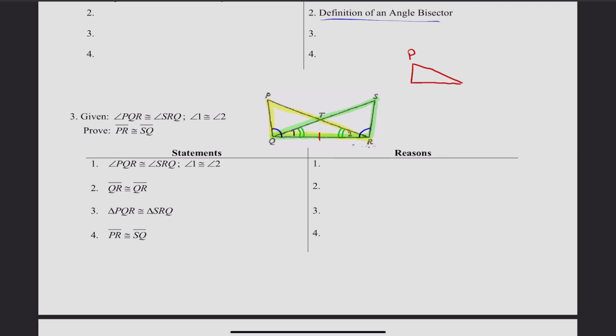So I'm going to draw triangle PQR and triangle SRQ. And we know that this has an arc there, and R has an arc there, and then they both have a tick mark here and here.